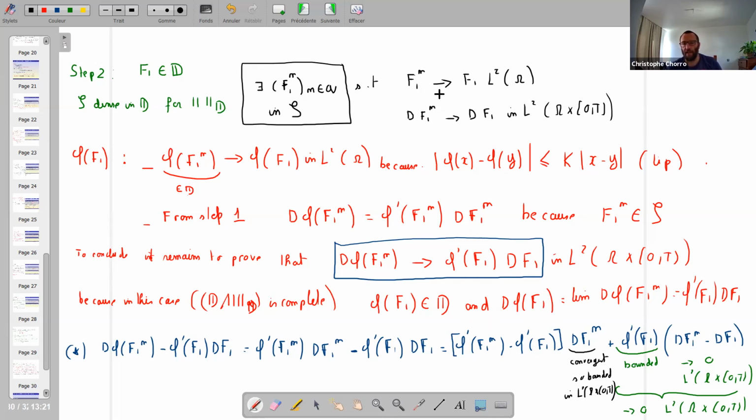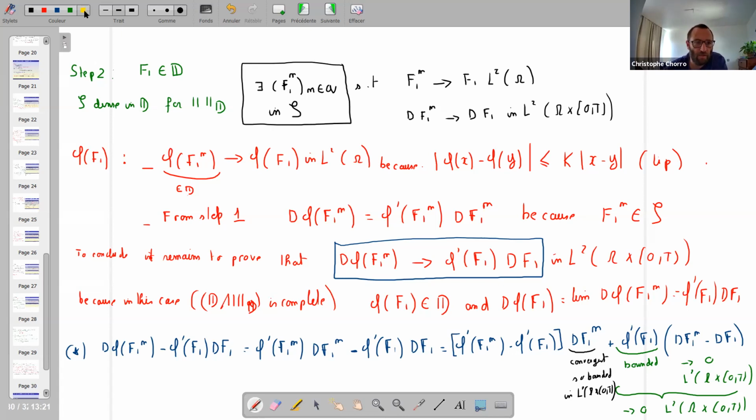I know that F1n converges toward F1 in L2. But a priori, convergence in L2 implies nothing about what happens if I compose with a continuous mapping. Phi prime is continuous, but if you have un that converges toward u in L2, in general f of un doesn't converge toward f of u, even if f is continuous. So I have a little problem here to conclude, but in fact I have not. Be careful about the argument I will use here.